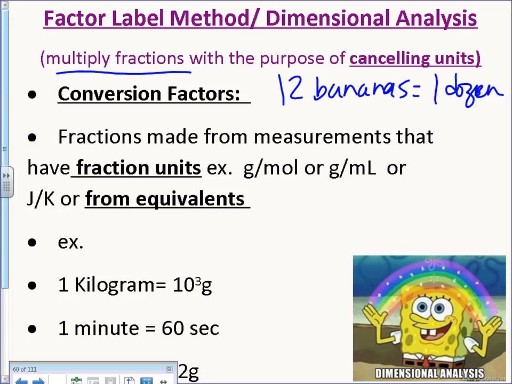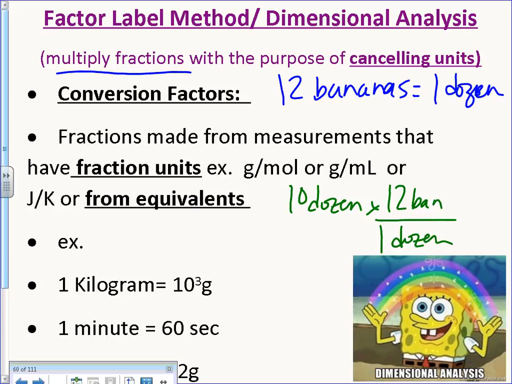If I said I need 10 dozen bananas, if I start you off with 10 dozen, how many bananas is that? 120. You just did that in your head because you know how to multiply by 12, but the way you're really doing it, and you may not be aware of it, is I'm going to write it down here: 10 dozen times the equivalency of 12 bananas over 1 dozen.